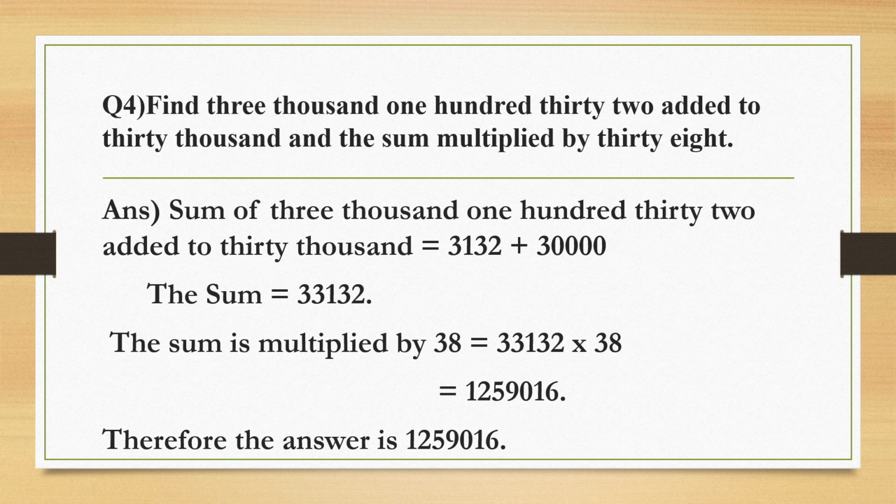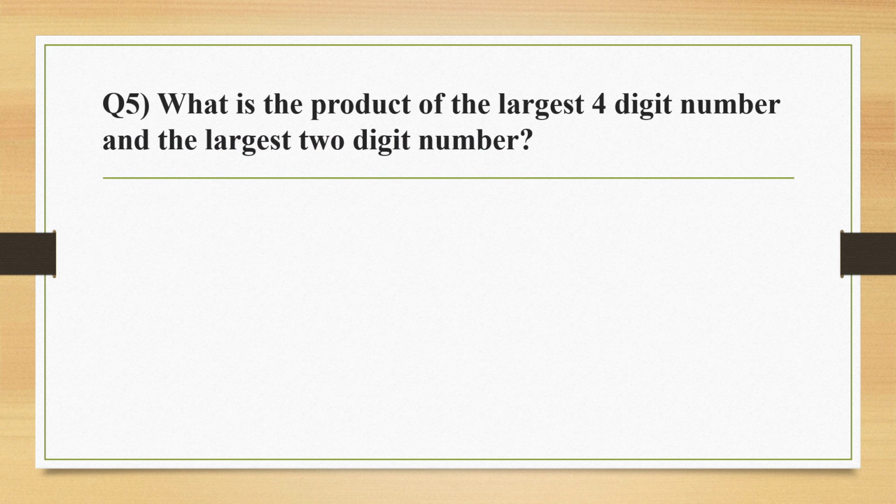Okay. Next. What's the product of the largest 4-digit number and the largest 2-digit number? It's a really very easy question. In previous sessions we have discussed what the largest numbers are and what the smallest numbers are.